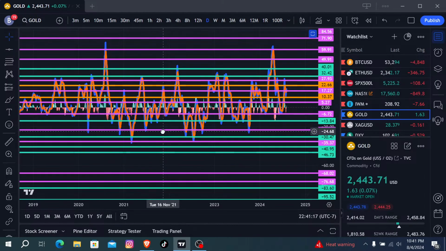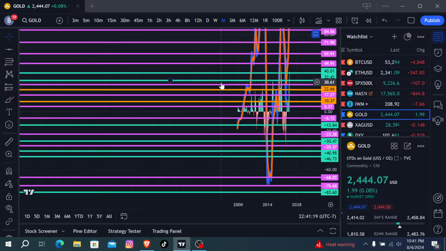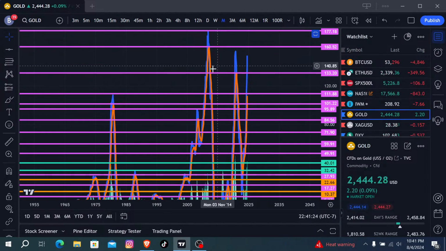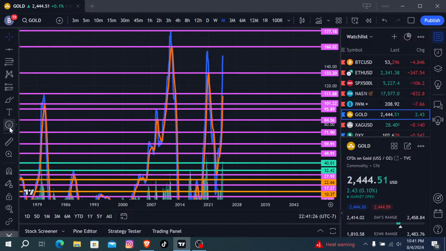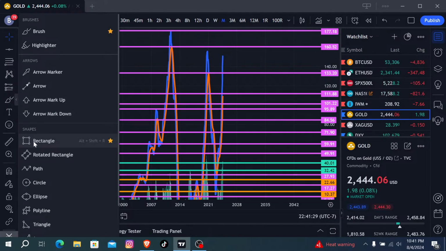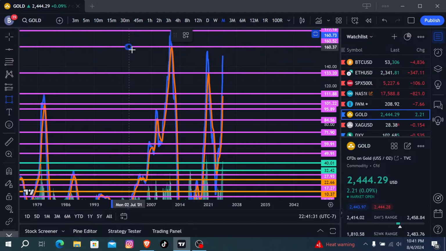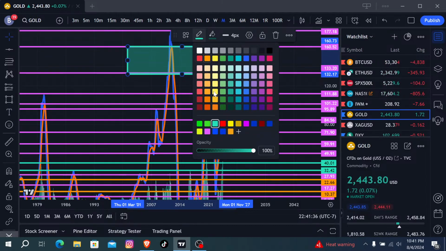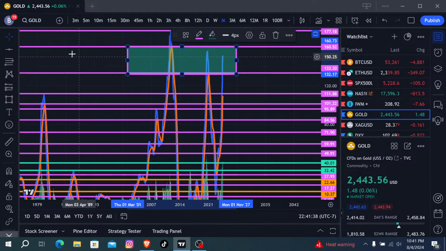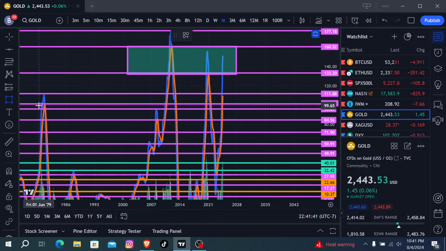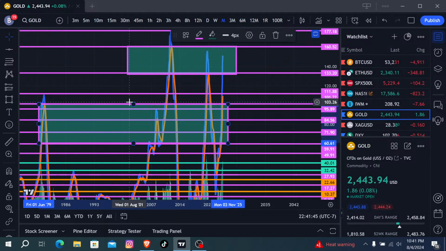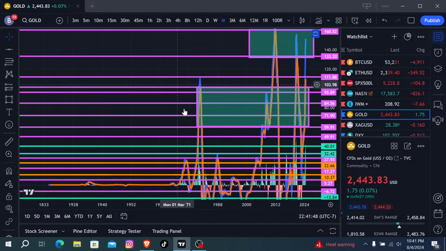So then what I'm gonna do is go to the monthly. This highest area, I'm gonna mark it down right here. Notice after this right here, notice nothing.